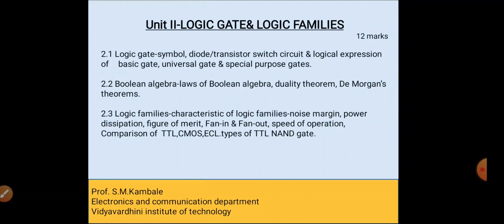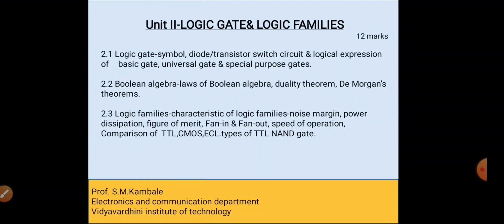Now looking towards subtopic number 3, that is logic families. There are various definitions such as noise margin, power dissipation, figure of merit, fan in, fan out, and speed of operation.